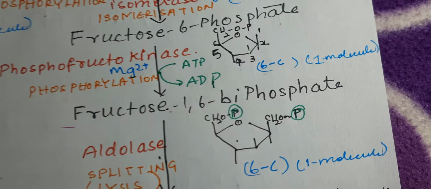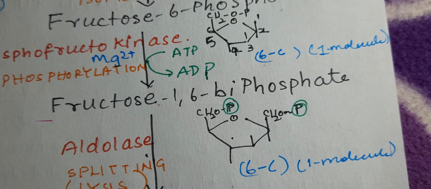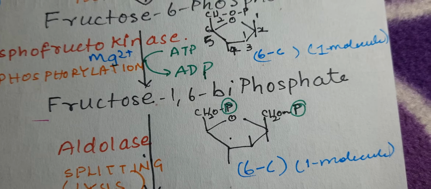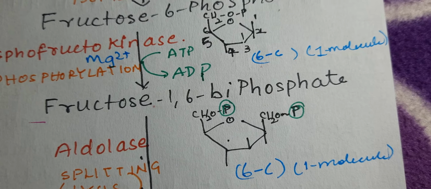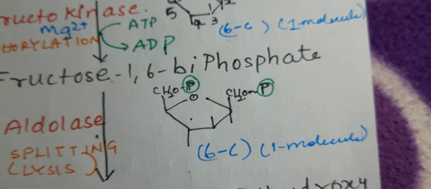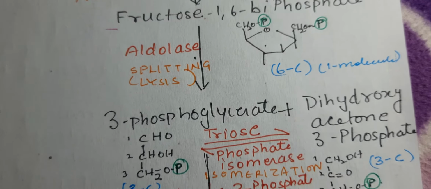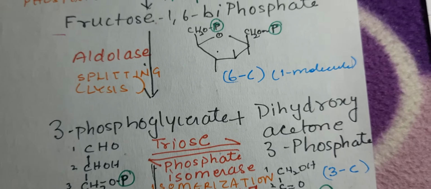Now when it splits here, it will split into two different molecules. Fructose 1,6-bisphosphate has 6 carbons, so when it splits, it will split into 3 carbon molecules.